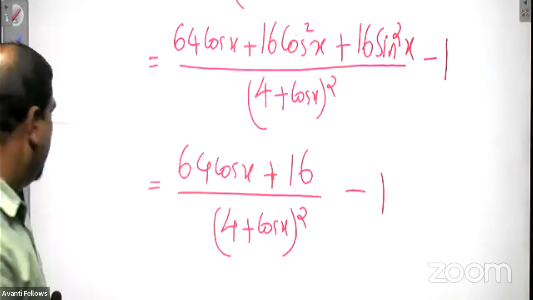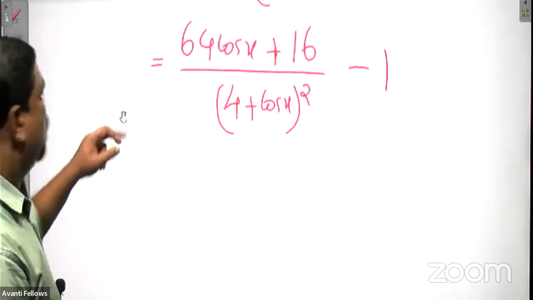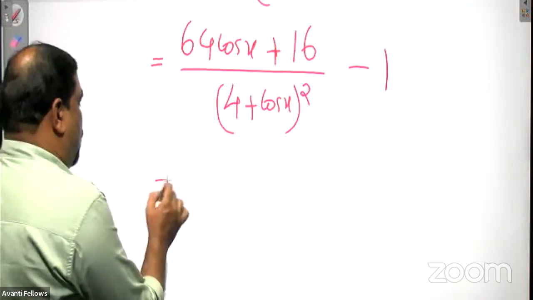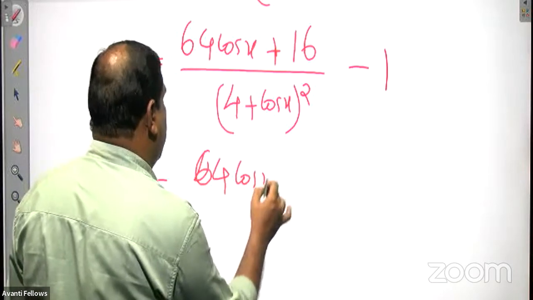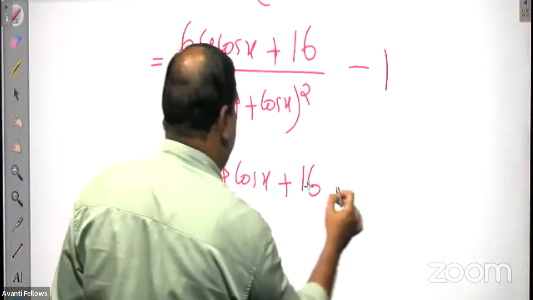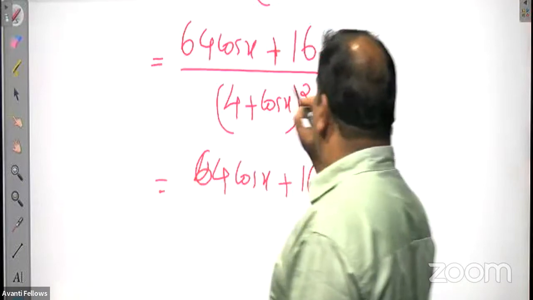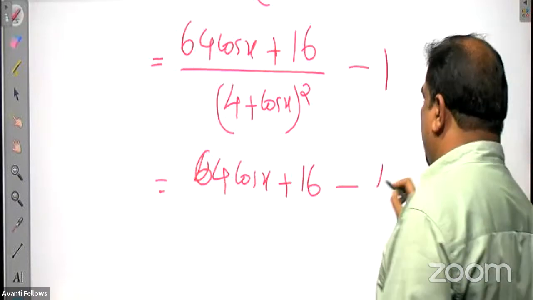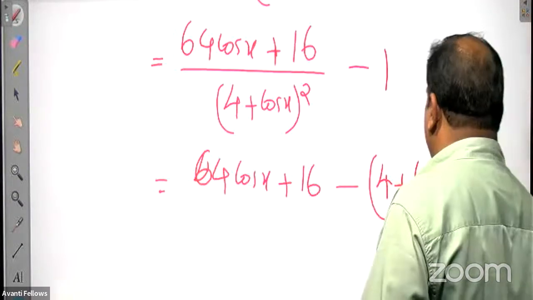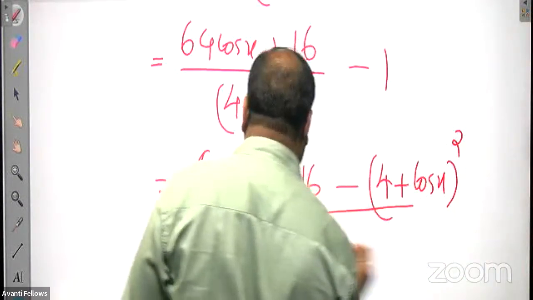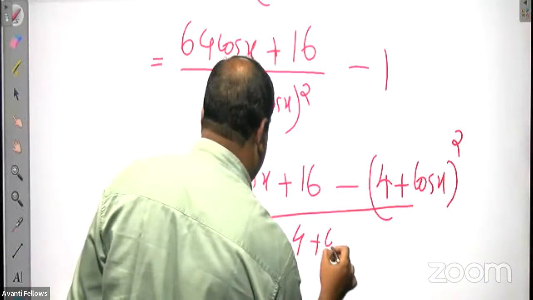Normal simplification only. And finally, what will we get? 64 cos x plus 16 minus (4 plus cos x) whole square into 1. Normal cross multiplication.